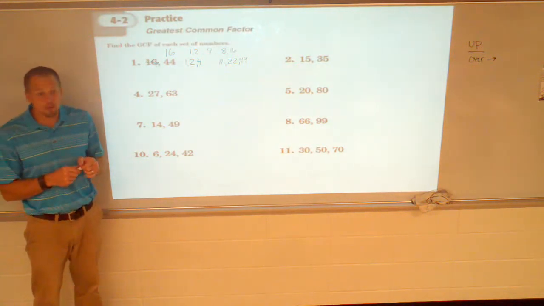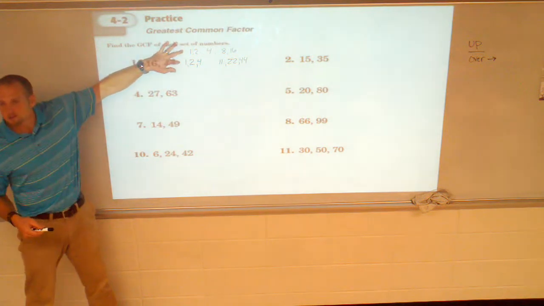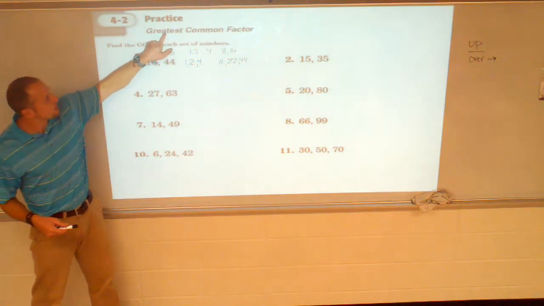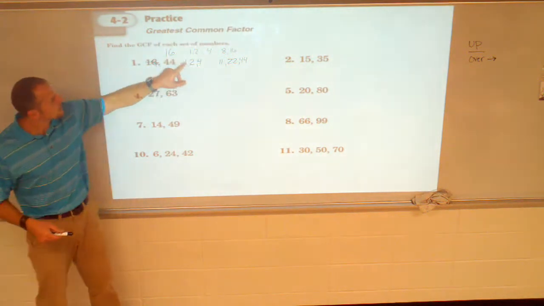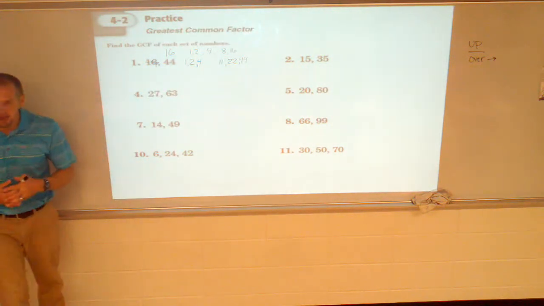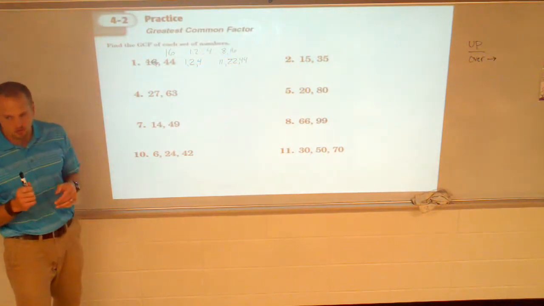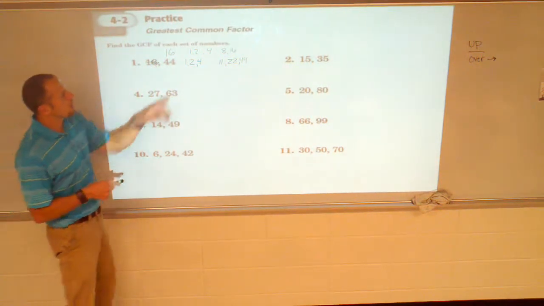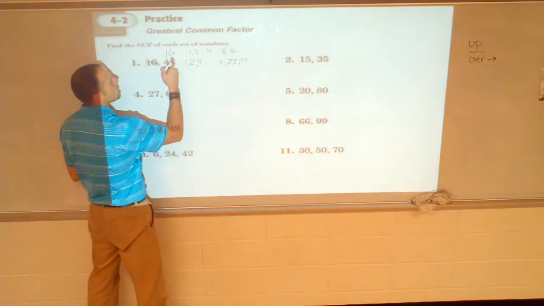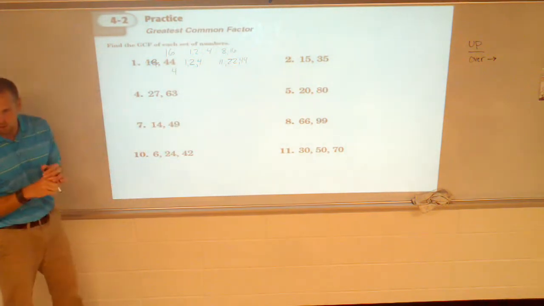Yeah, common would mean most often, right? In this case, common would mean it's in both of them. So I'm looking for the biggest factor that's in both of these. What is the greatest common factor, Janelle? 4. The greatest common factor of 16 and 44 is 4.